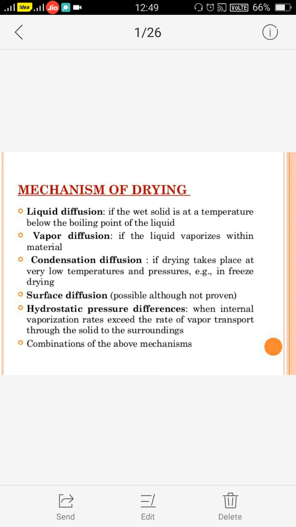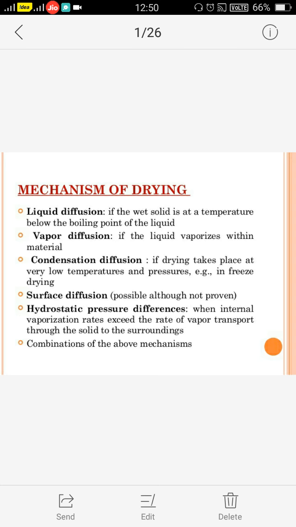Third, condensation diffusion, if the drying takes place at very low temperature and pressure, for example in freeze drying. At that time condensation diffusion removes moisture content from the product. Then surface diffusion, where moisture is removed from the inert matter to the surface and from the surface to atmospheric conditions.